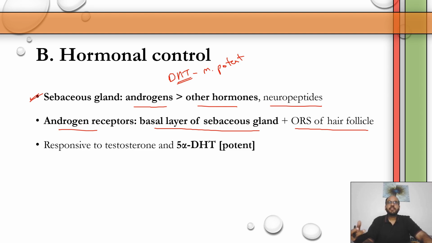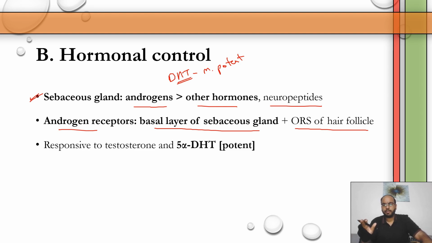So in patients of hormonal acne, if you have regular menstrual cycles, you will very rarely find hormonal disturbances. Their levels would be completely within range, but you will still have increased inflammatory activity. That is because of increased responsiveness of the pilosebaceous units. I don't get hormonal levels done if the menstrual cycles are okay and there are no other signs of androgenization, no hirsutism, no adrenal markers clinically.